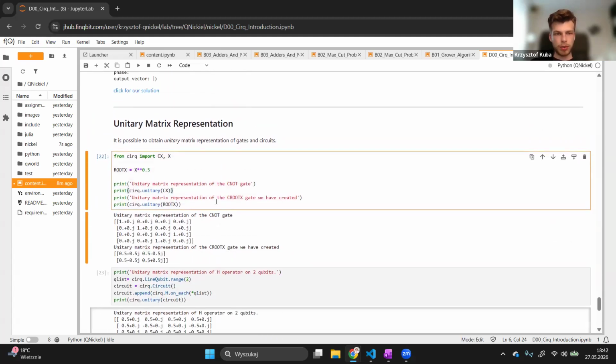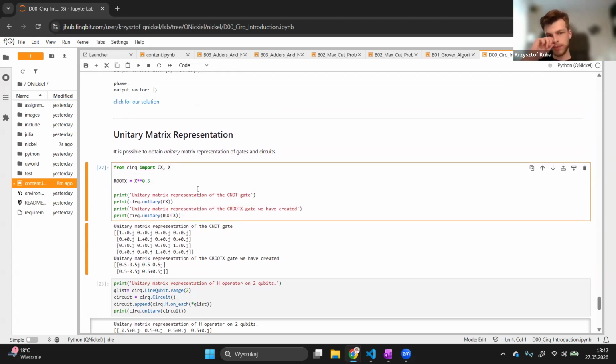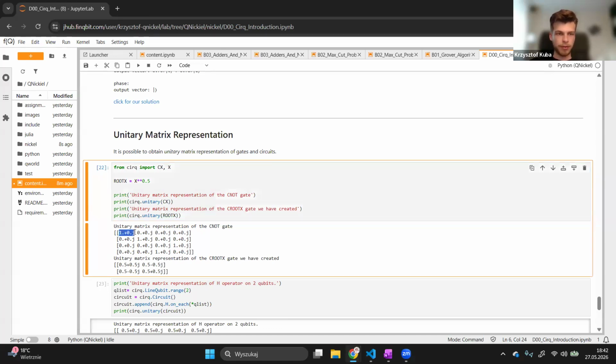We can also create a matrix representation and print the corresponding unitary matrix of a gate. And for the CNOT gate, you should already be familiar with the matrix. So we have the first two elements as ones on the diagonal, and then we have to apply a NOT gate on the second two states.